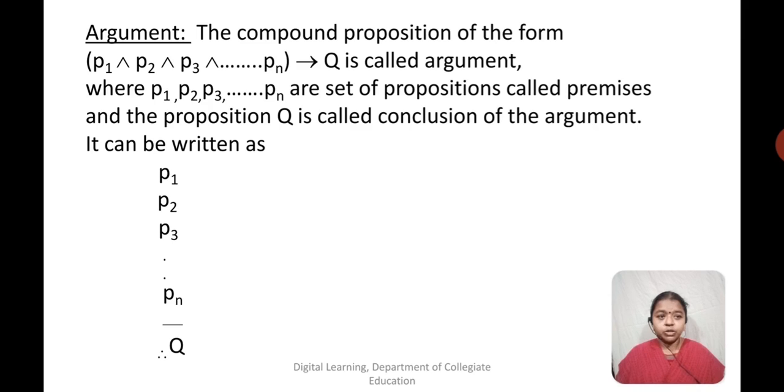These n propositions are connected by the and symbol, and then we use an implication to Q. In symbols, we write P1, P2, P3 till Pn vertically, draw a line and then say therefore Q. This is the same as saying P1 and P2 and P3 and so on and Pn implies Q.